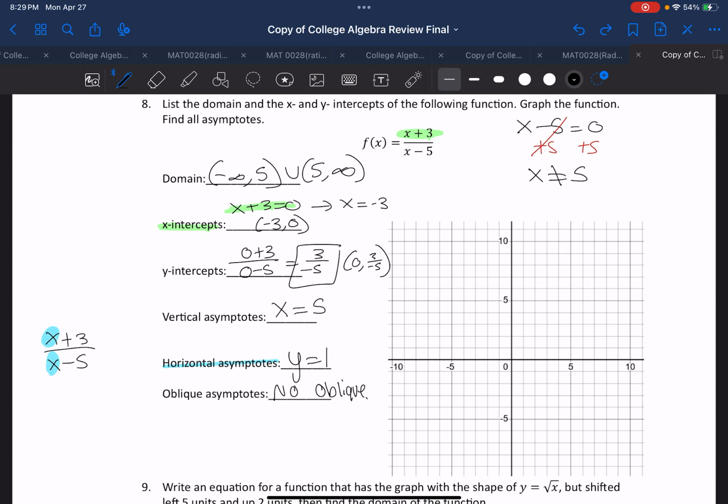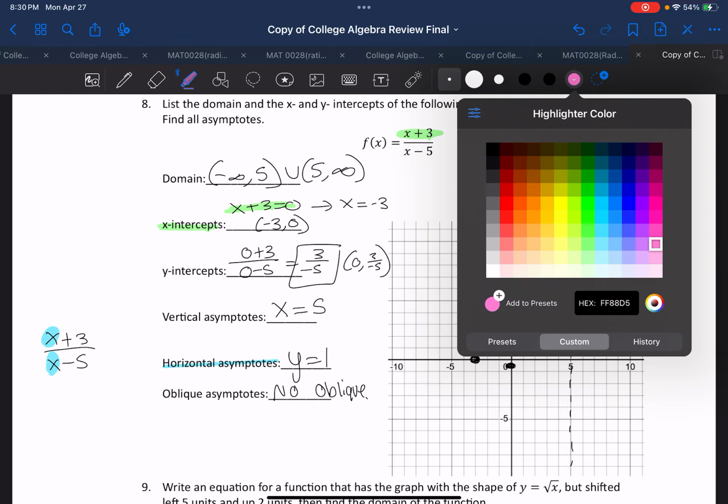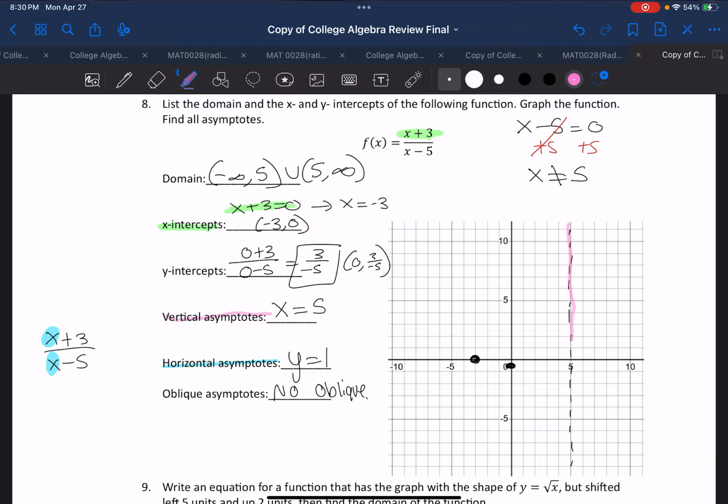So let's graph this. So the x-intercept is (-3, 0). The y-intercept is -3 over 5, just like right here. The vertical asymptote is x equals 5. So that's the invisible line that the graph will never touch, because x cannot equal 5, because it makes the denominator equal to 0.